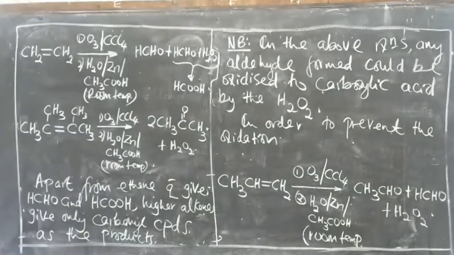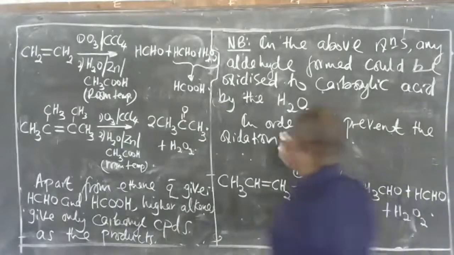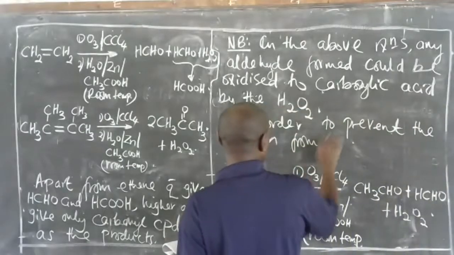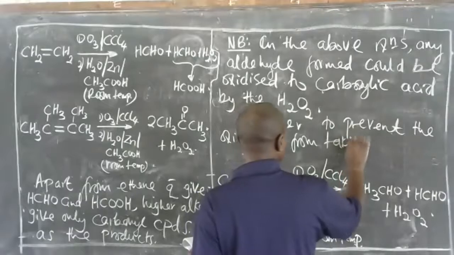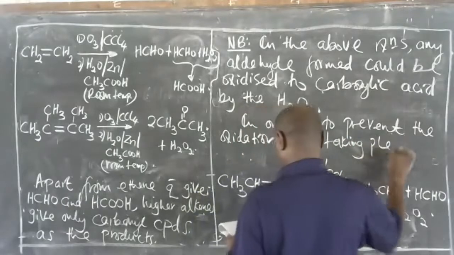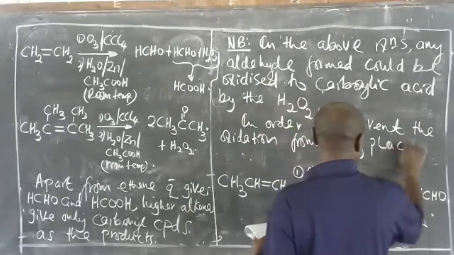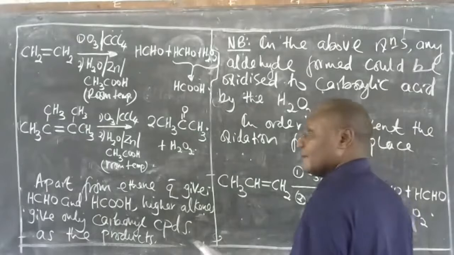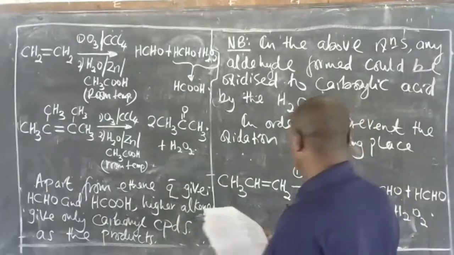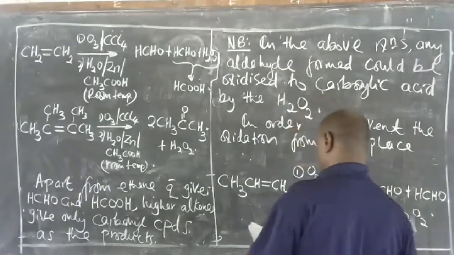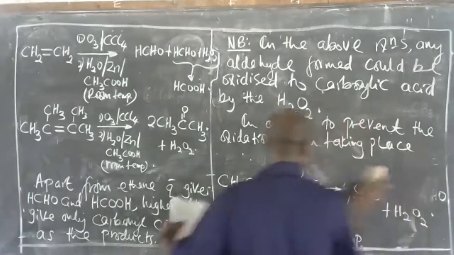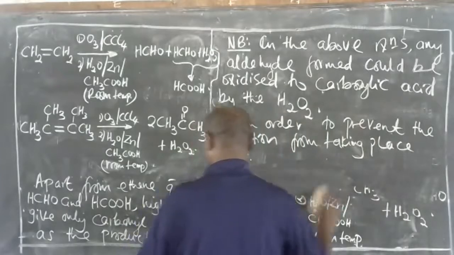So in order to prevent oxidation from taking place, we said we add what? We add ethanoic acid.